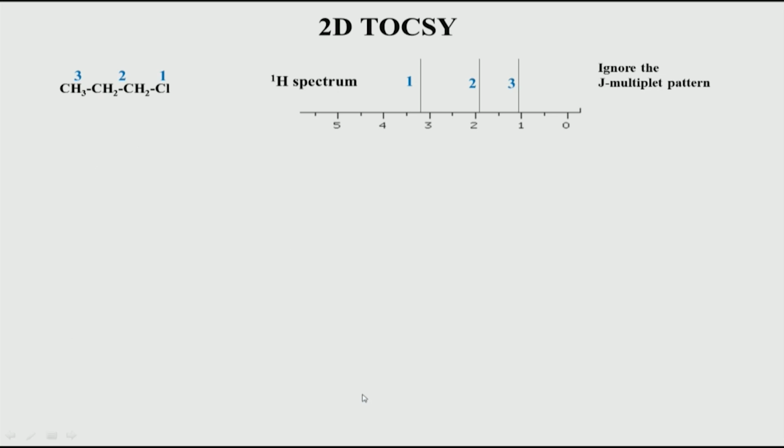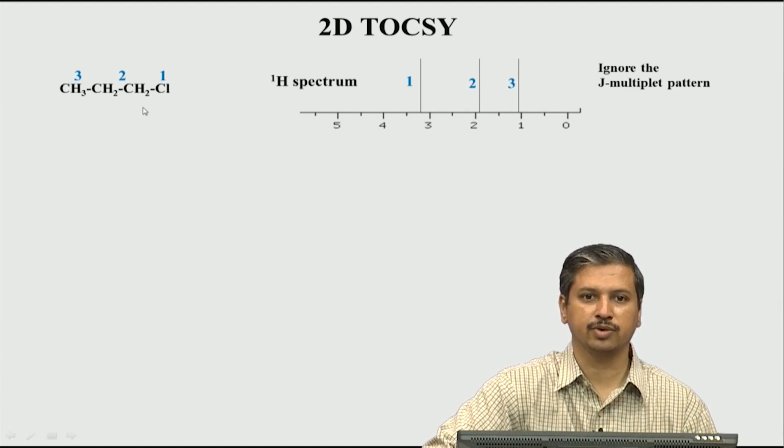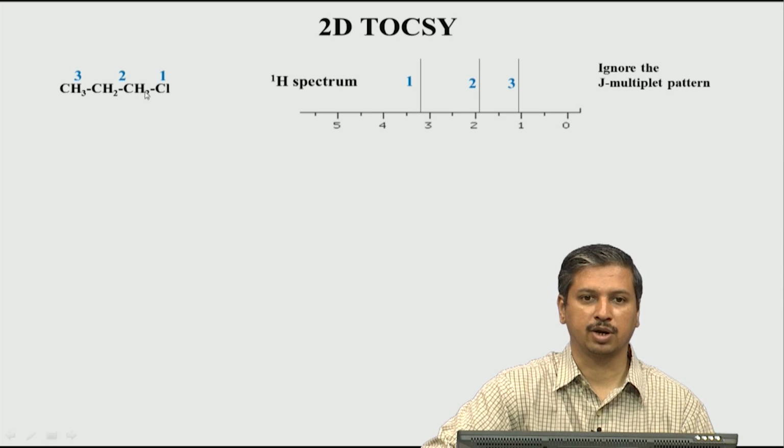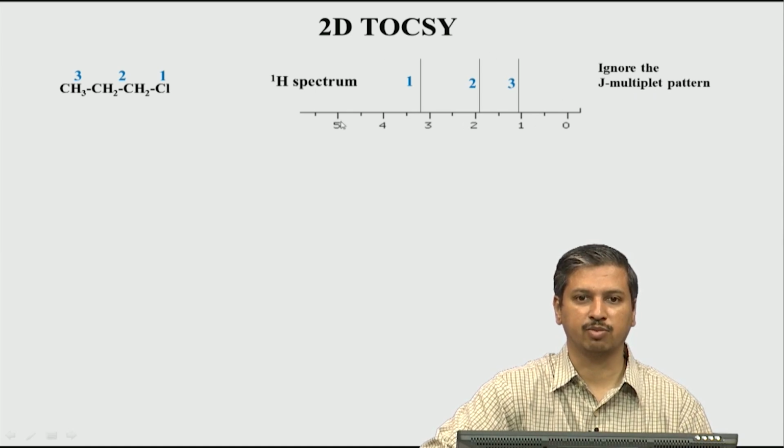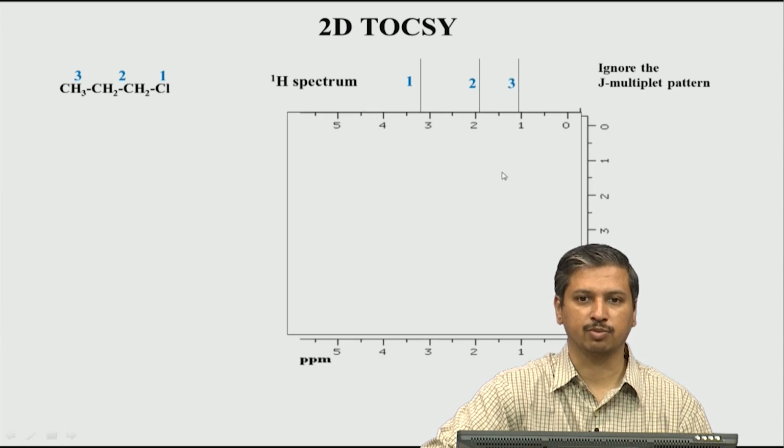Okay. So, let us see the spectrum how we expect for this particular molecule, again the same system which we saw in the last lecture. So, this is propyl chloride. So, the hydrogen atom 1 is here, 2 is here and 3 is here. So, if you record a standard 1D spectrum, again for the sake of simplicity we are ignoring the J multiplet pattern, you expect this kind of peak pattern.